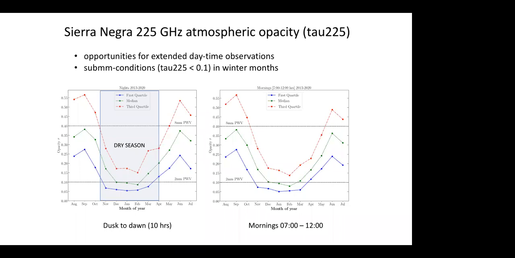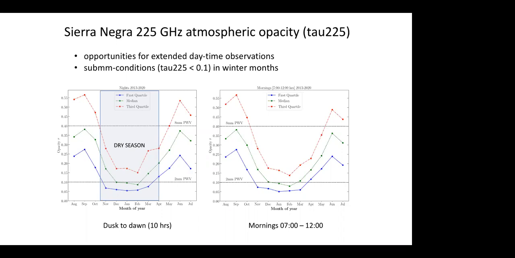And the next slide shows the opacity measurement at our site. Basically, during the winter time, the dry season for us, we have a seasonal site between October and April. Median opacity at 225 gigahertz is about 0.1, or 2 millimeters of precipitable water.